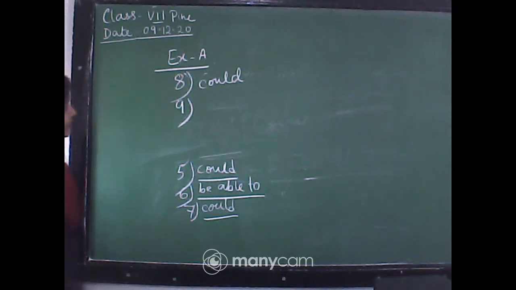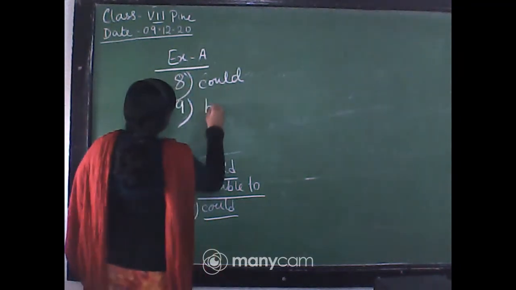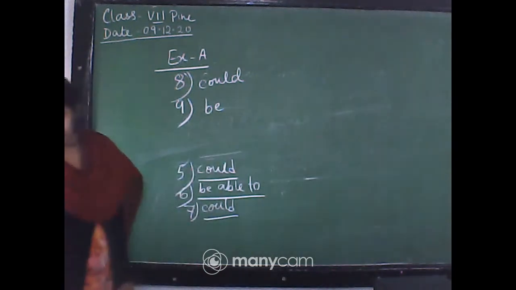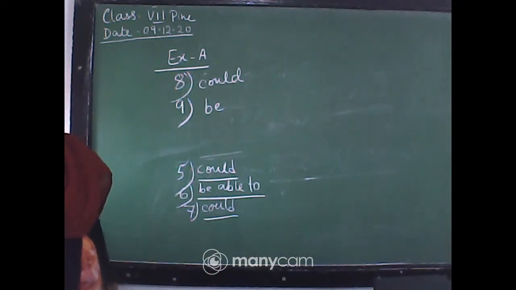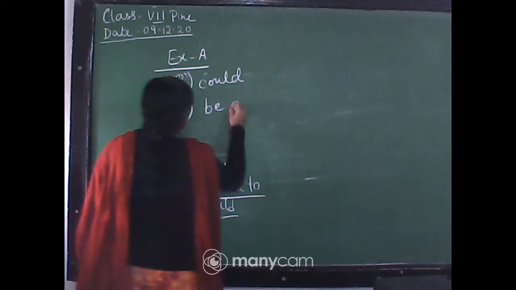So it is written already that ability which is stronger than can, so we will just write he will be able to.